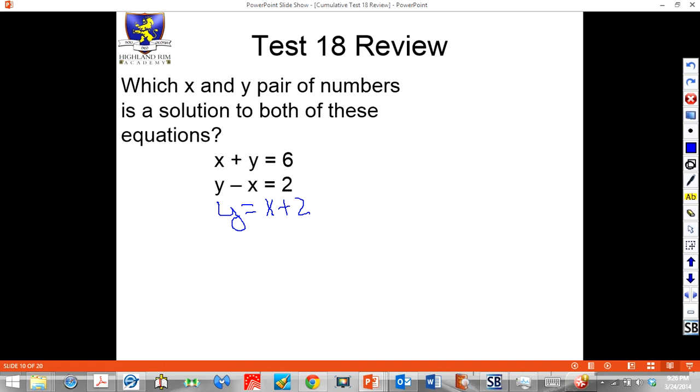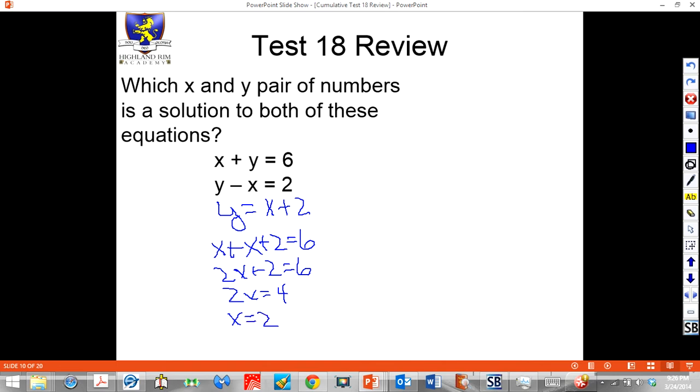We change that to x plus, in that case, we use y equals x plus 2, equals 6. And so that means 2x plus 2 equals 6, or 2x equals 4. So x now equals 2.